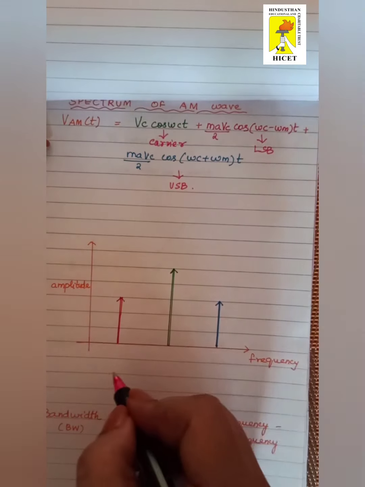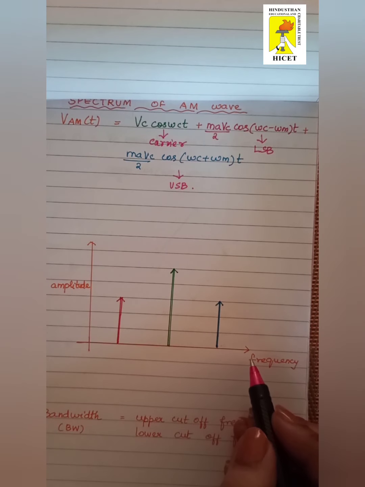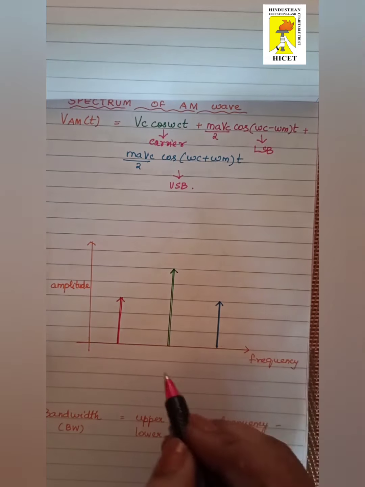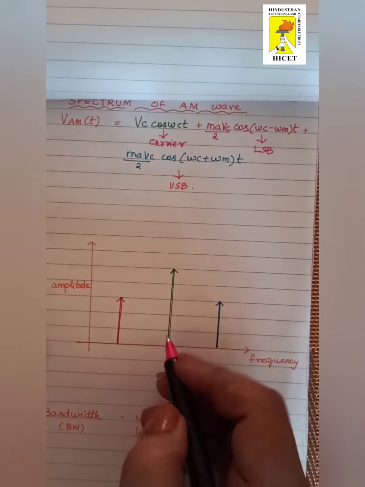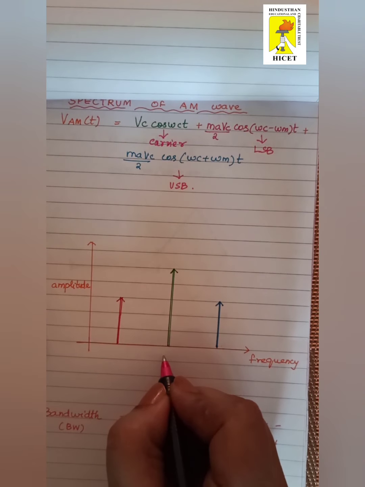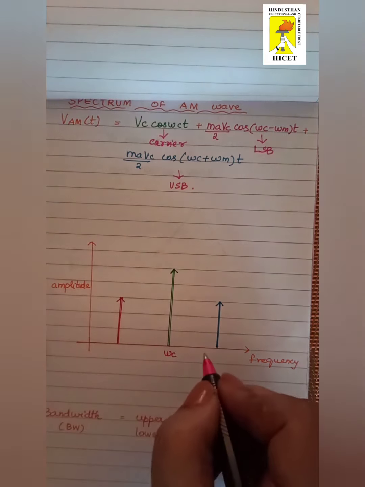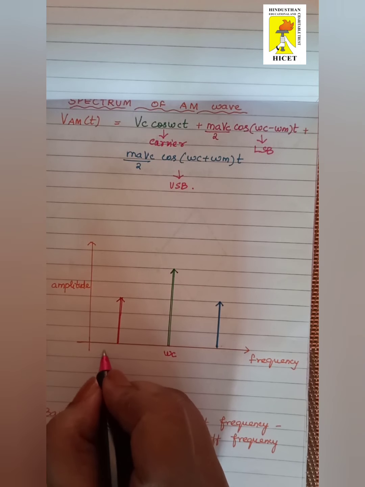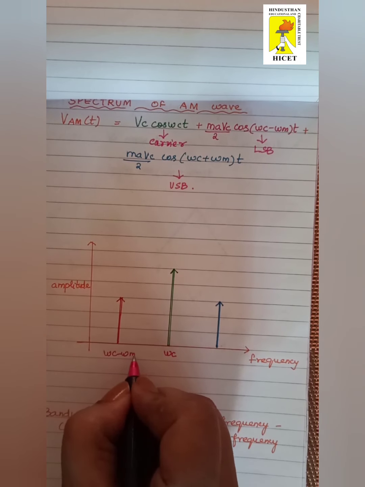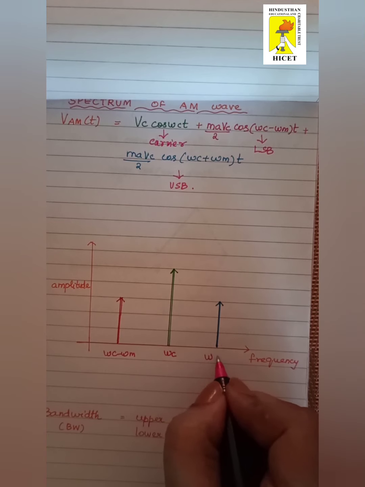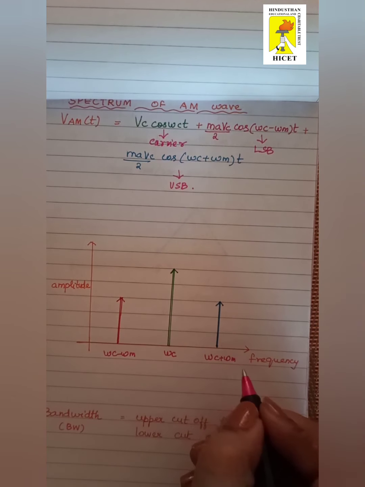So this can be represented in the frequency domain. Here, this is your carrier signal, which is occupying the frequency omega c. Next is your lower sideband, which is omega c minus omega m, and the upper sideband, omega c plus omega m.